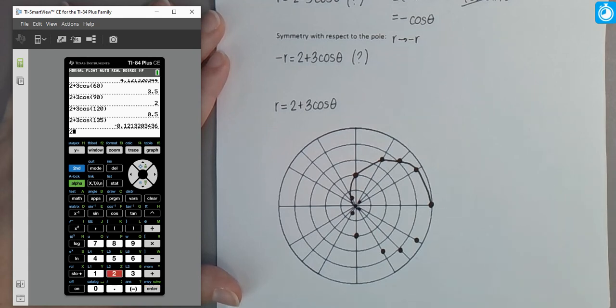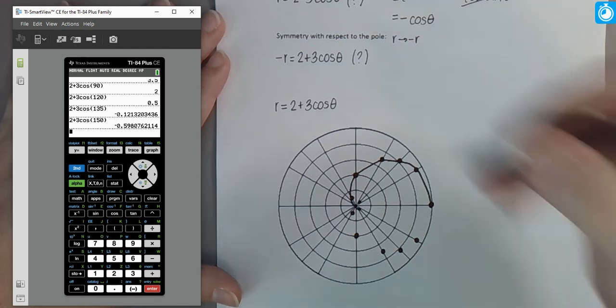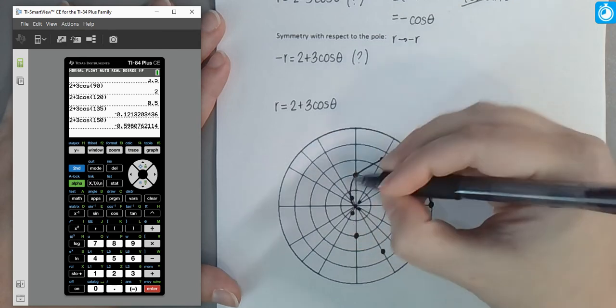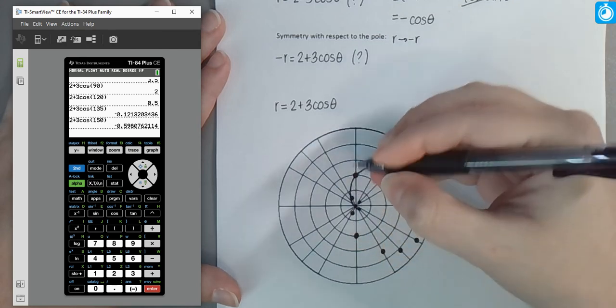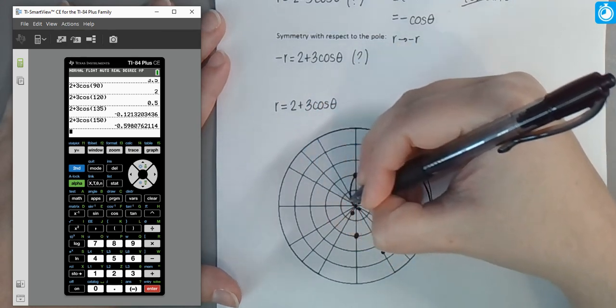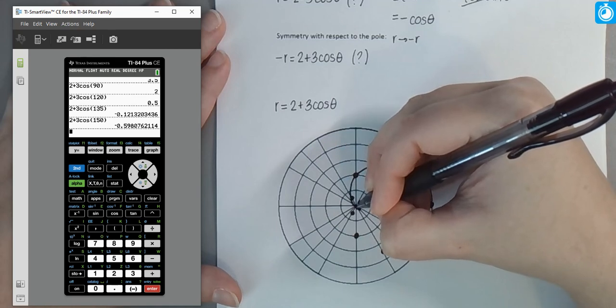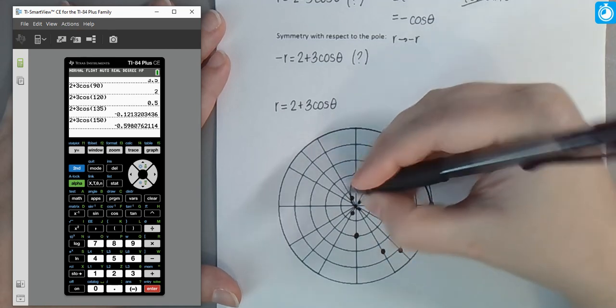Okay, so now let's keep going. So past that, 2 plus 3 times the cosine of, next thing would be 150. And that's going to take us to negative 0.6, roughly. So 150, okay, we're at negative again, so negative 0.6. So at 150 degrees, but now we're plotting on the opposite side.